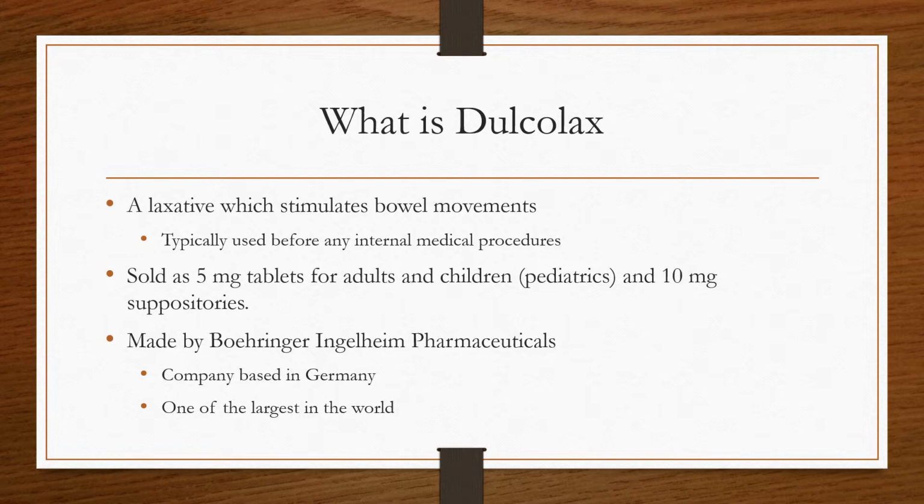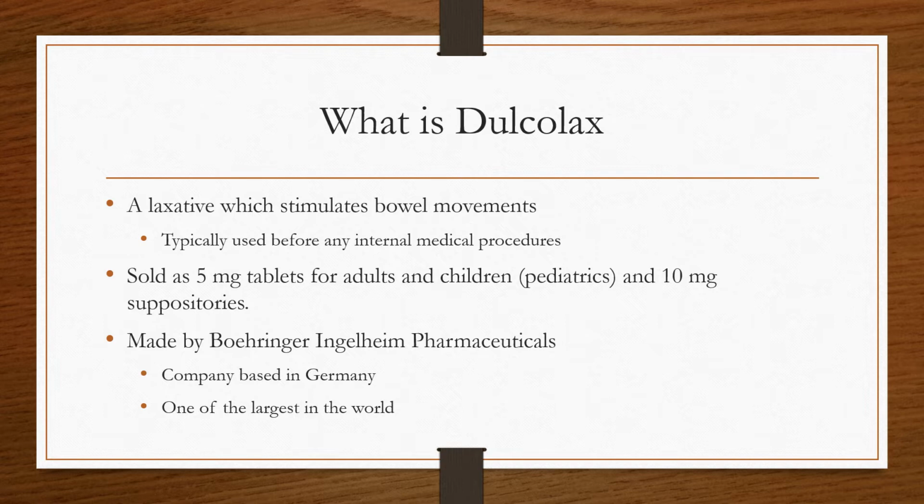So, what is Dulcolax? Dulcolax is a laxative which stimulates bowel movements. It is typically used before any internal medical procedures, and it is also used to treat prolonged constipation. It's usually given to individuals who have not had a bowel movement in more than 2 days.